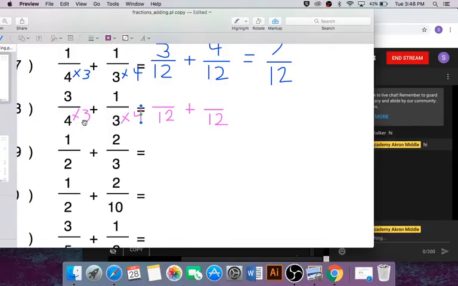Because we multiplied the bottom times 3, we're going to multiply the top. So 3 times 3 is 9. And over here, we multiplied the bottom times 4, so we're going to multiply the top times 4. 1 times 4 is 4. We're going to add. 9 plus 4 is 13 over 12.